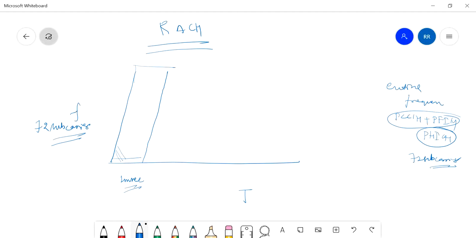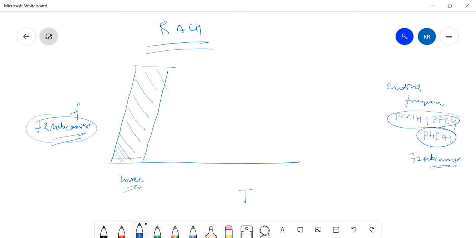RACH takes up to 72 subcarriers on frequency domain and complete 1 millisecond, and it may vary depending upon the size of the preamble format as well. But generally it goes from 1 millisecond in time domain and up to 72 subcarriers on frequency domain.